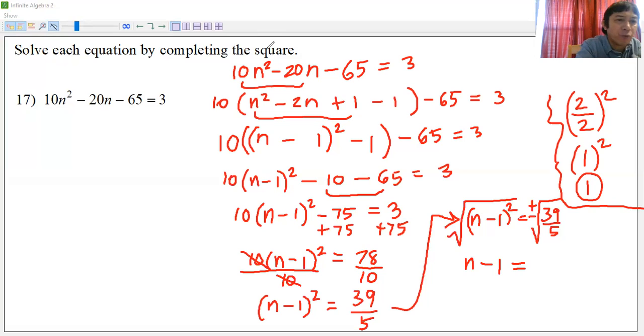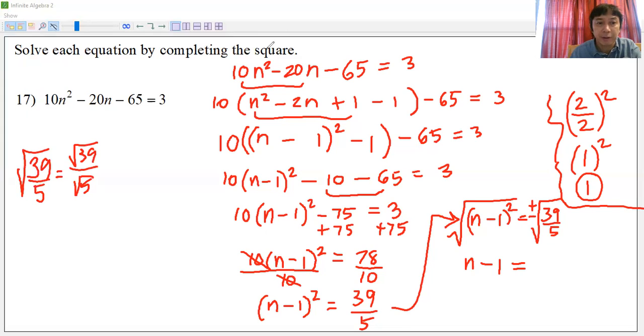What we mean by that is square root of 39 over 5. This means we have a square root of 39 at the numerator and square root of 5 at the denominator. If you have a square root at the denominator, it is said to be not simplified. So we're going to make that an integer by introducing a square root of 5.